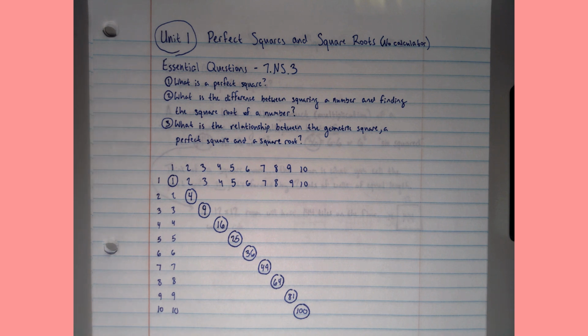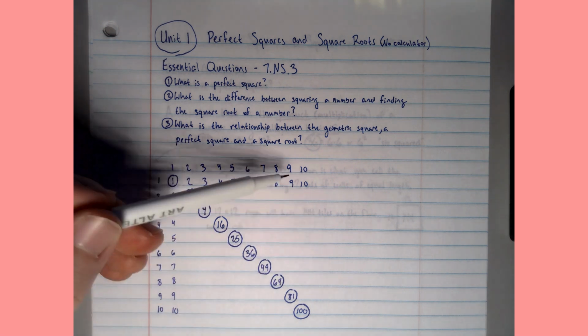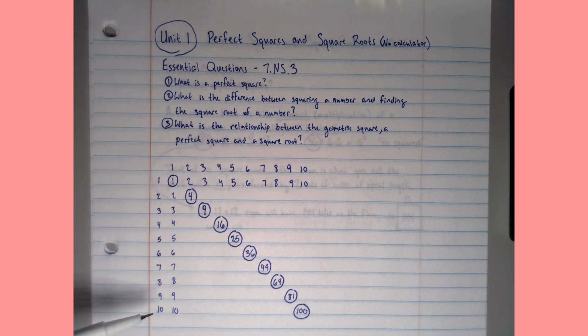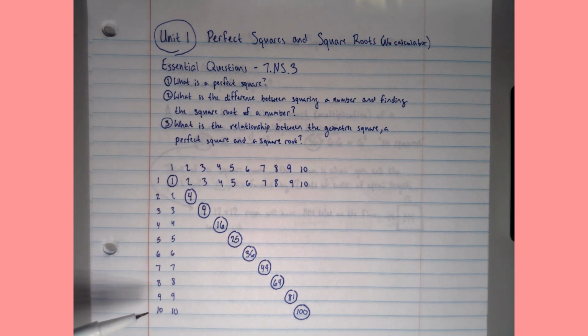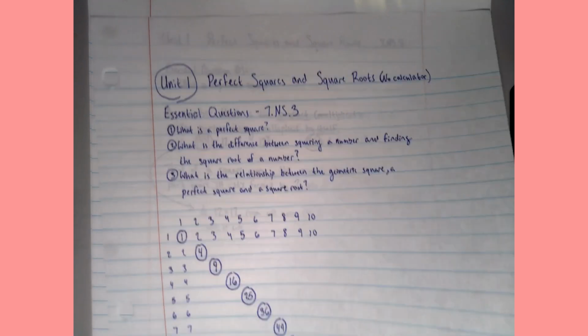So each of the last 3 videos has been an intro, and then I answered question 1, question 2, and this video is going to focus on question 3. I also gave you in the first video a quick rundown on how to use your multiplication chart to remind you of your perfect squares. You're looking at the diagonal. If you need to go back and look at that first video, please do so.